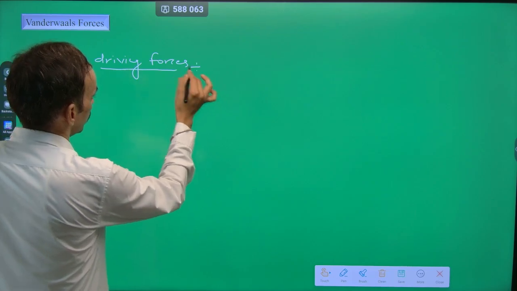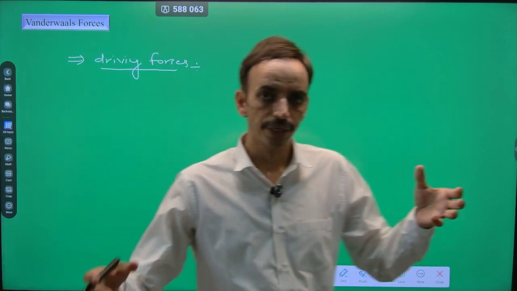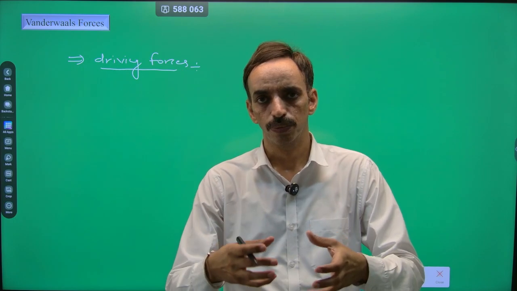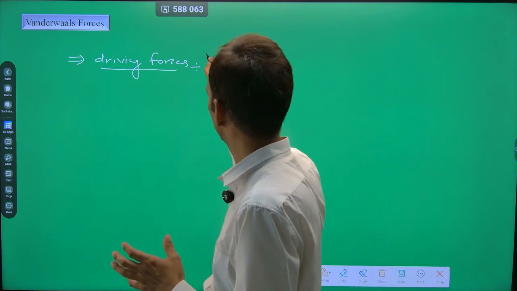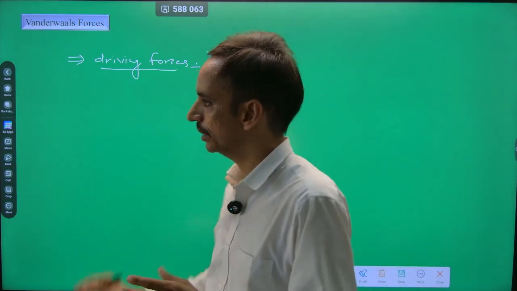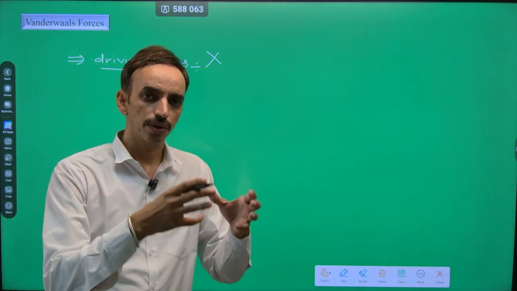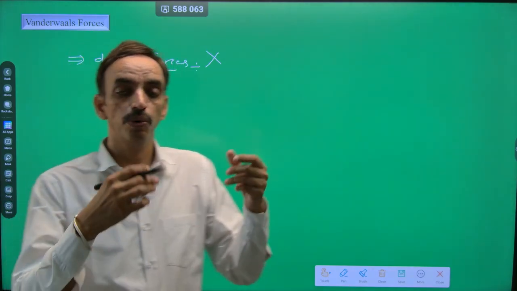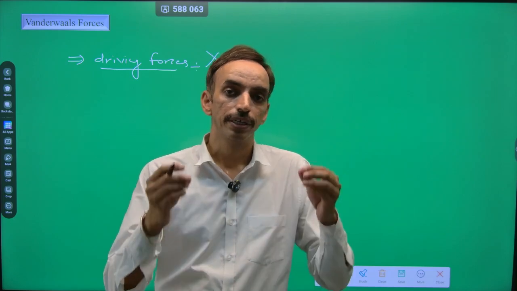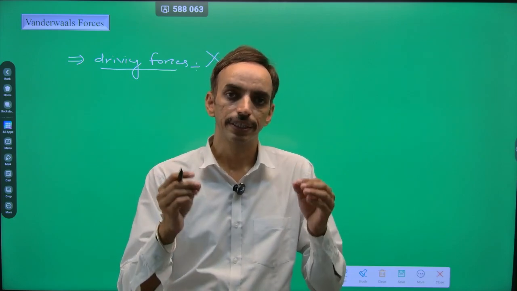Which is responsible for bringing the two molecules in close proximity. But van der Waals forces are not responsible for that. But if the two molecules are in close proximity, they will provide further stability.